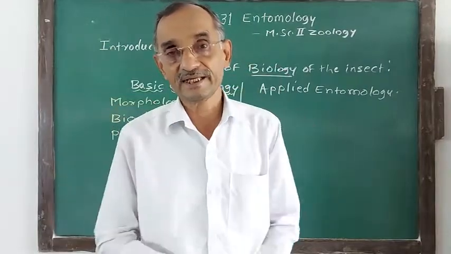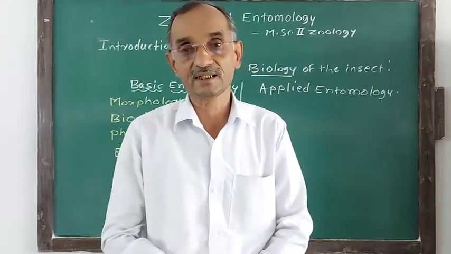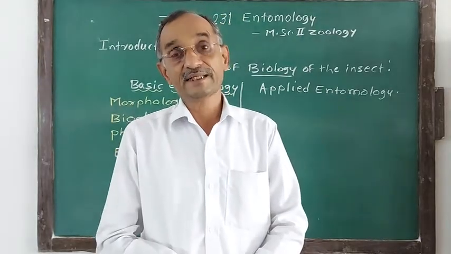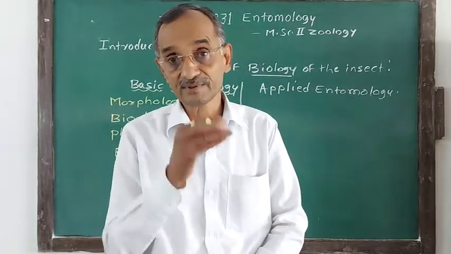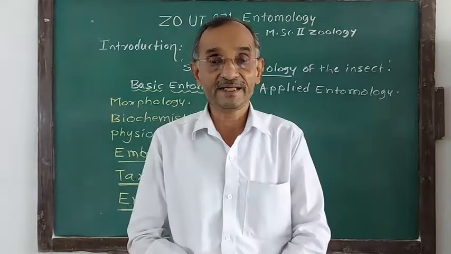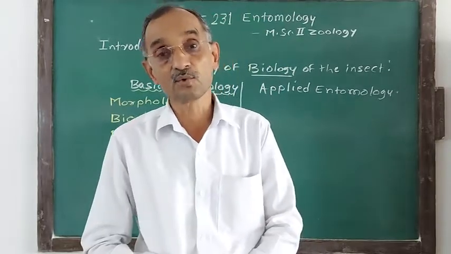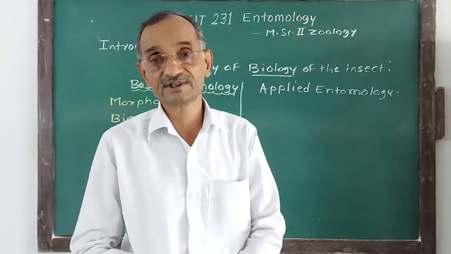Which are the endocrine glands present in the body of an insect, such as corpora allata, corpora cardiaca. There are a number of endocrine glands in the insect, and these endocrine glands have either a smaller or larger role in the survival of an insect.